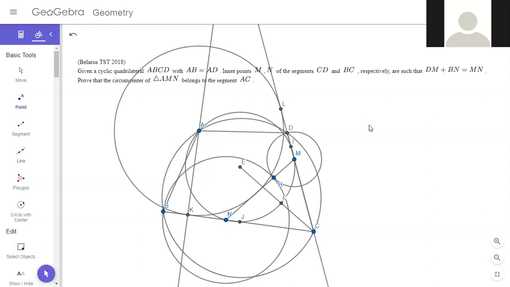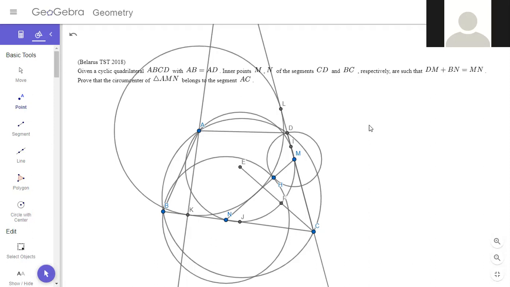Let's see. So I have that NK plus ML is NM. So NK plus ML is, I think I might have it. Is MB equal to ML?